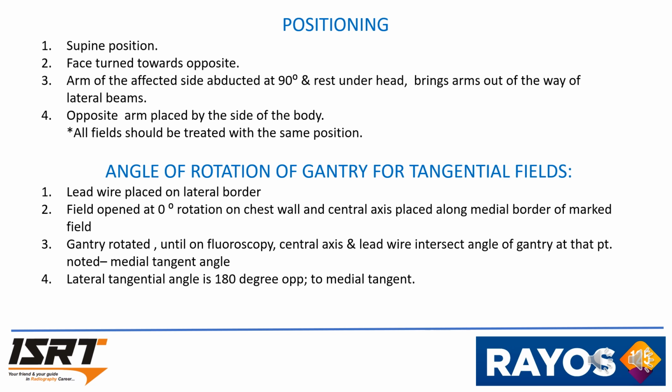The gantry is rotated until, on fluoroscopy, the central axis and the lead wire intersect. The angle of the gantry at that point is noted as the medial tangent angle. The lateral tangent angle is 180 degrees opposite to the medial tangent.